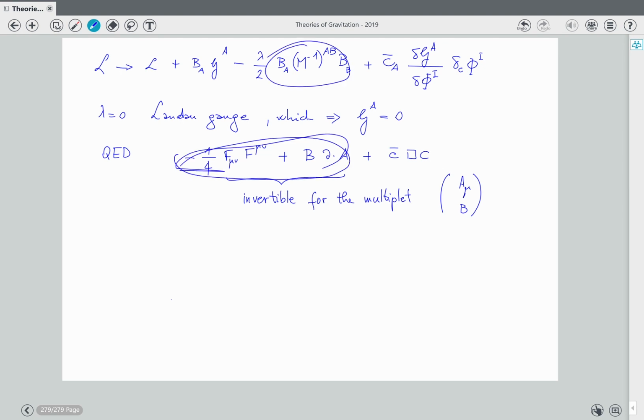There is no B squared, fine, who cares? It is invertible, and you will have a meaningful propagator, which is the Landau gauge propagator. We don't derive it here because it's something that takes us a little bit far away from our interests, but just to mention this.